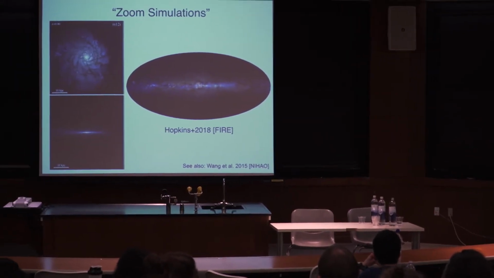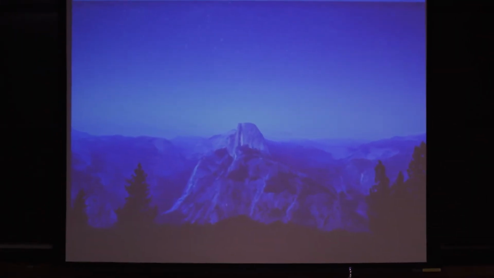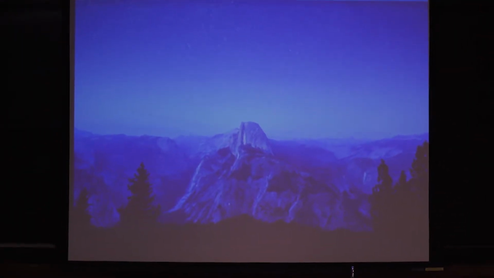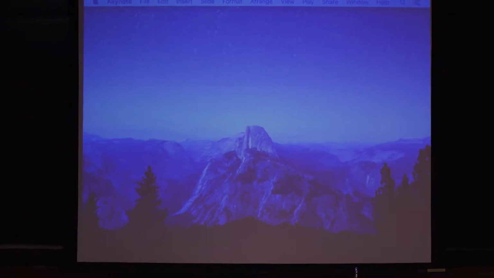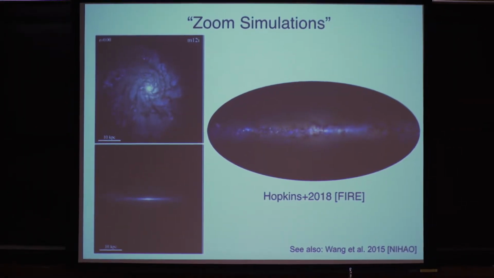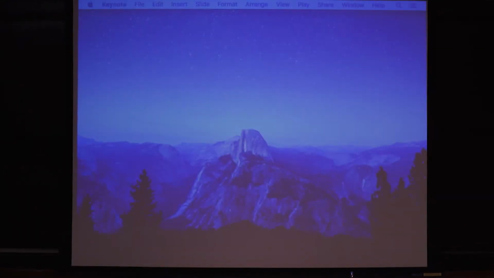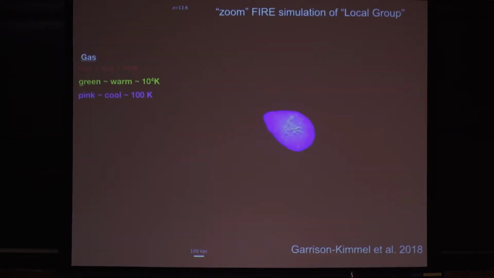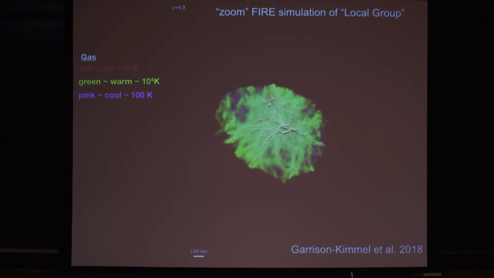I actually have another example to show. This is a Local Group region, and I like it because of how it's shown.